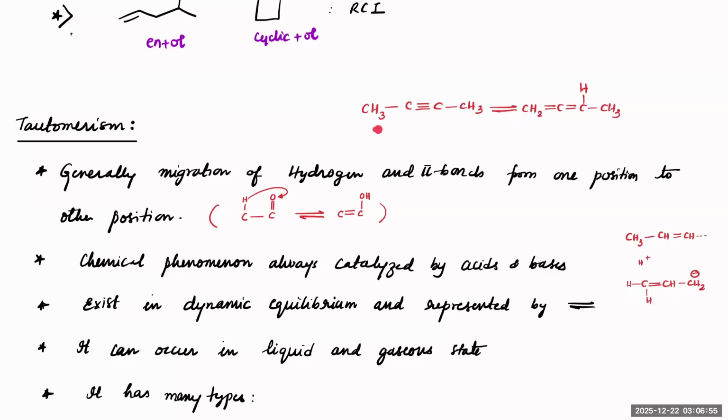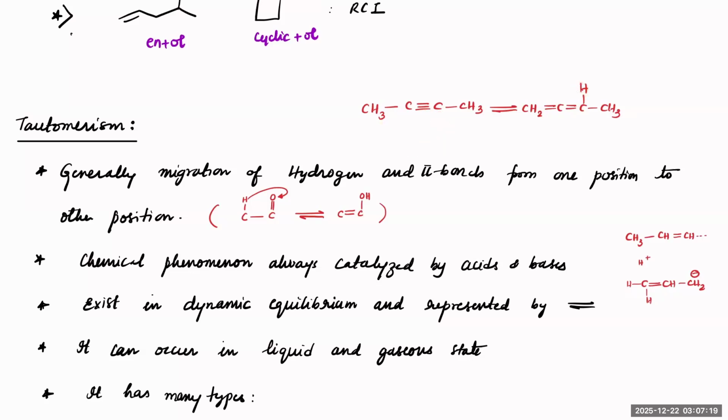For example, here can you see it is a triple bond. But in case I make one of the hydrogens from here move to this position, then it will become a double bond and a double bond. Right? So triple bond has now become a double bond function and hydrogen has made a movement.